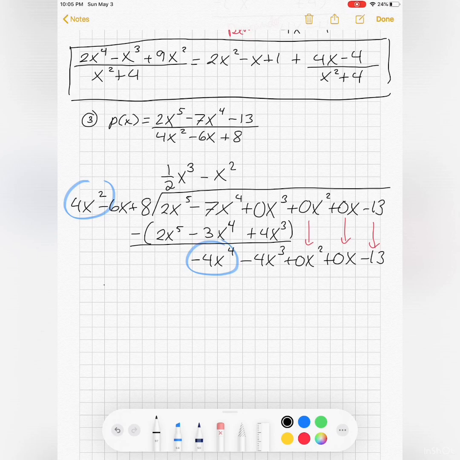Okay, then I multiply that down. Okay, so let's see. Negative x squared times 4x squared, negative 4x to the 4th. Negative and negative is positive 6x cubed. And then minus 8x squared.